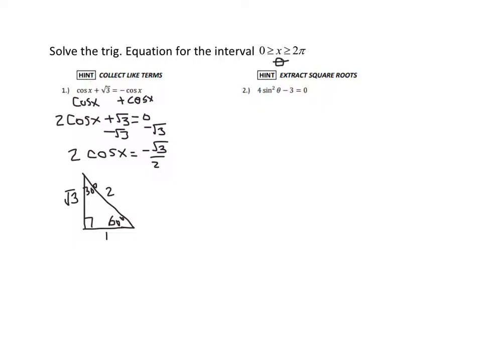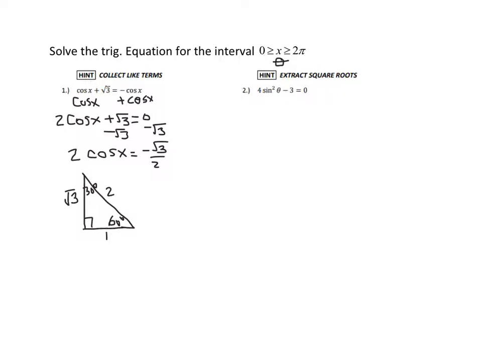So to do that, I just come here to my triangle, and cosine is adjacent over hypotenuse, so I see it has to be adjacent, which is square root of 3, over hypotenuse, so it has to be 30 degrees.